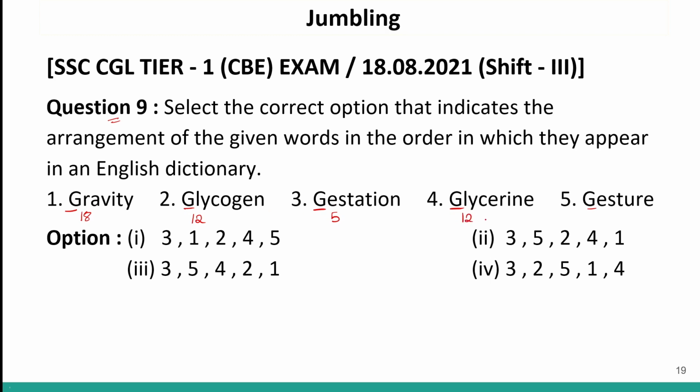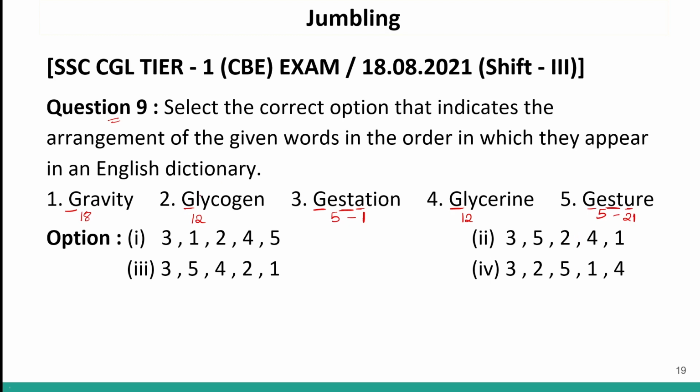L is again 12. And E again is 5. So over here, between gestation and gesture, I can see that ST are also same. Right? So we'll move on to the next letter after T. After T, we have A, which is 1. And after T over here, we have U, which is 21.